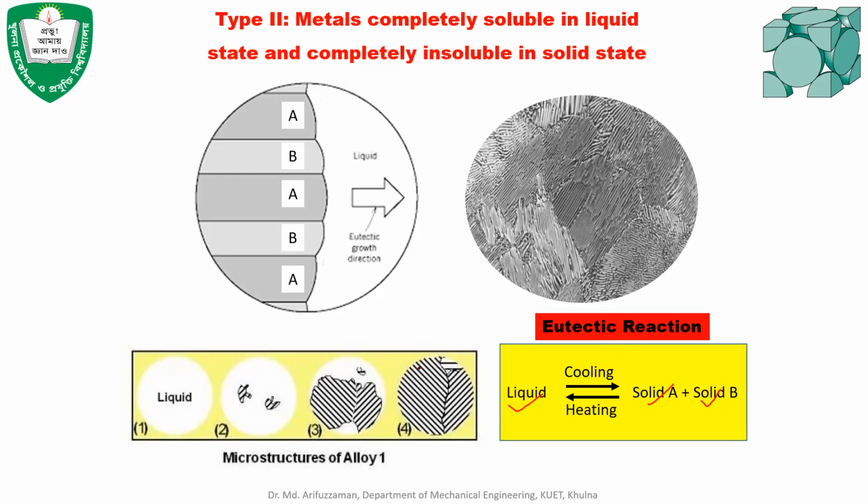Okay. And now when temperature reaches the eutectic point, whichever solid has a higher melting point temperature, as we have seen in the previous slide, metal A has a higher freezing point temperature than metal B.